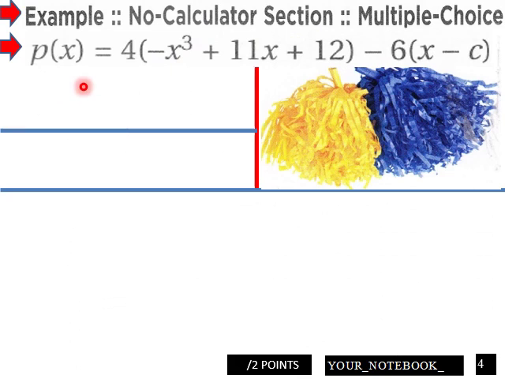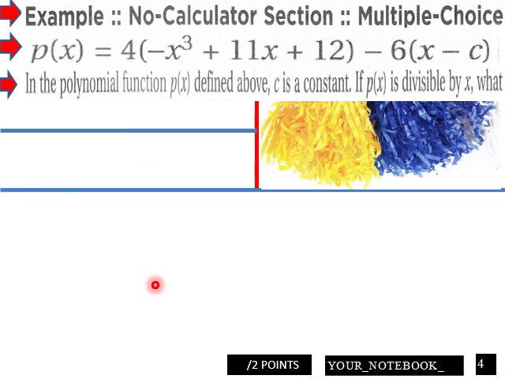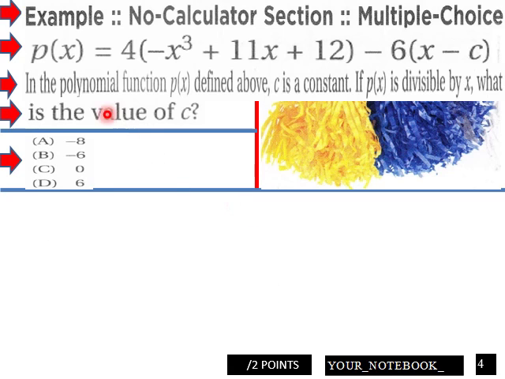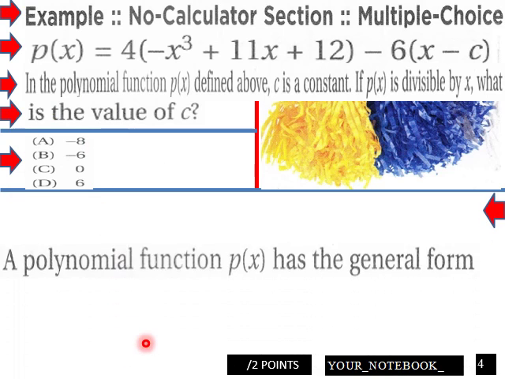Example, no calc section. We have this function here. In a polynomial function p of x, c is a constant. If p of x is divisible by x, what is the value of c in this case? Here are our possibilities.